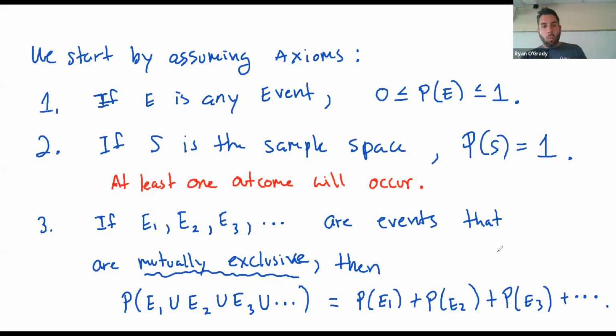So we told you what it means for 2 things to be mutually exclusive. Now, notice that I have this ellipse here. When we put an ellipse, that means he has event 1, event 2, event 3. That's the way you should think about this.